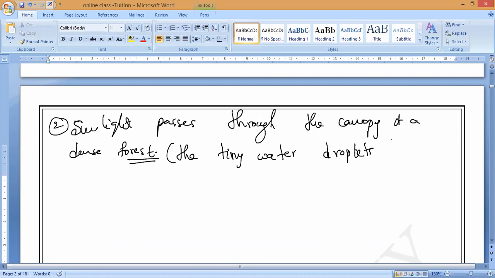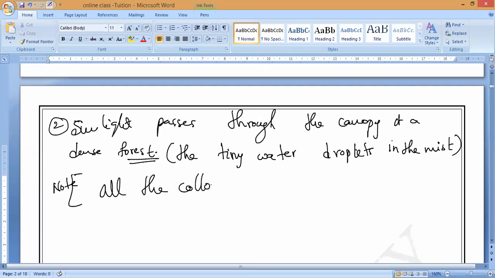So the water droplets in the mist, they only will scatter the light. So for example, if we take note, all the colloidal mixtures are examples of what?